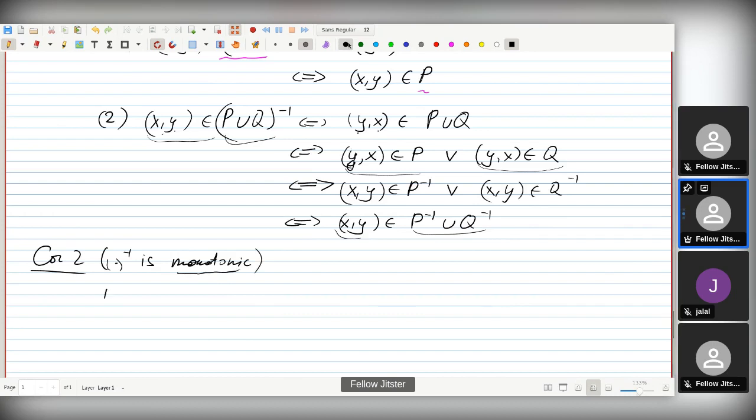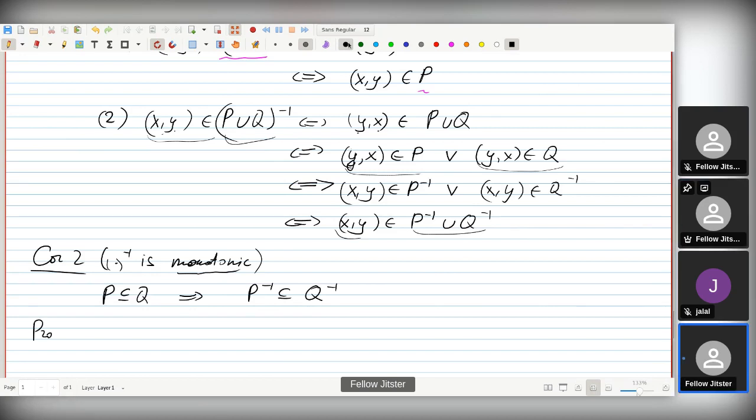That means that if P is a subset of Q, then the converse of P is a subset of the converse of Q. The converse of a greater relation is generally greater, or at least not smaller. Is it clear?